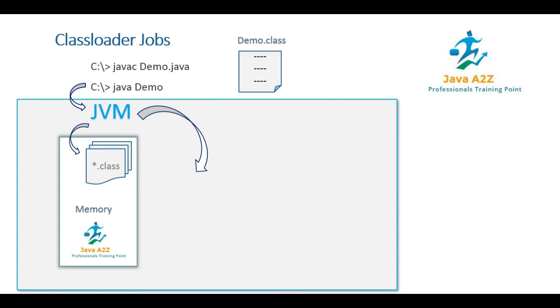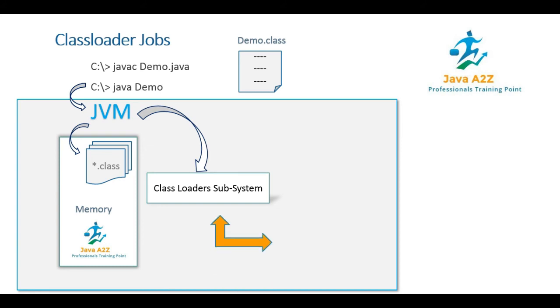Then again the JVM requests the class loader subsystem to please invoke the class loaders and ask them to load demo.class inside the memory area, so we can verify and execute that demo.class file. So class loaders come into the picture.